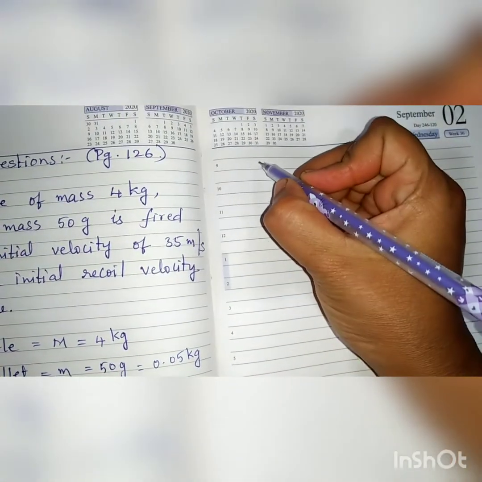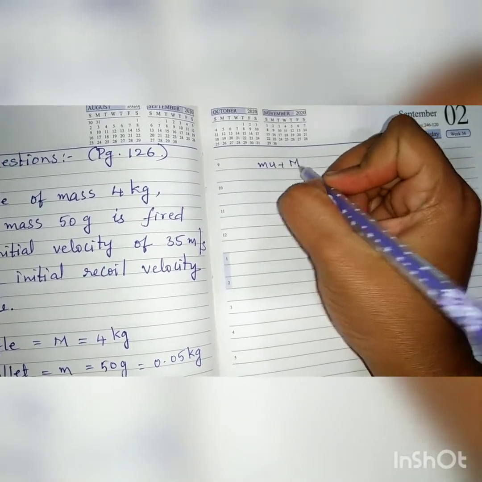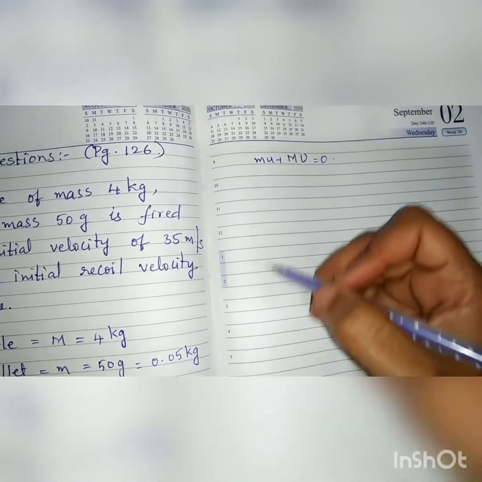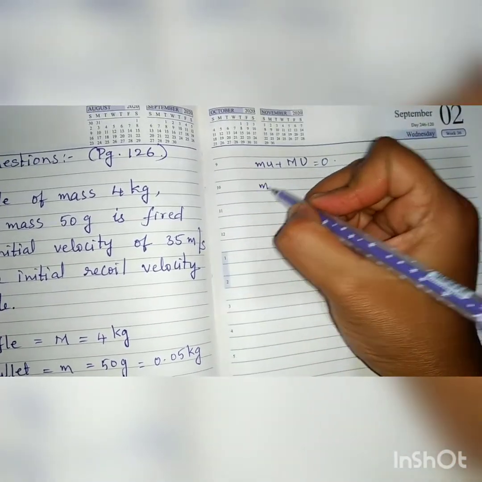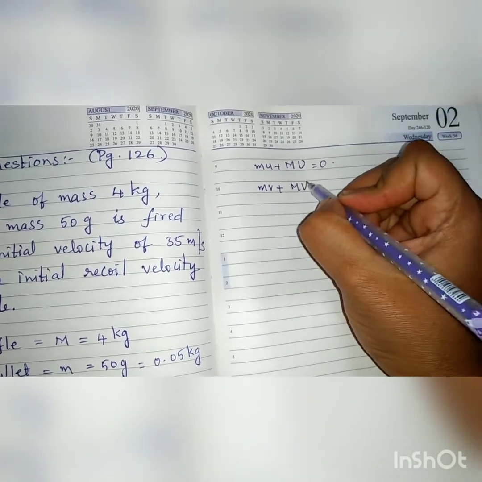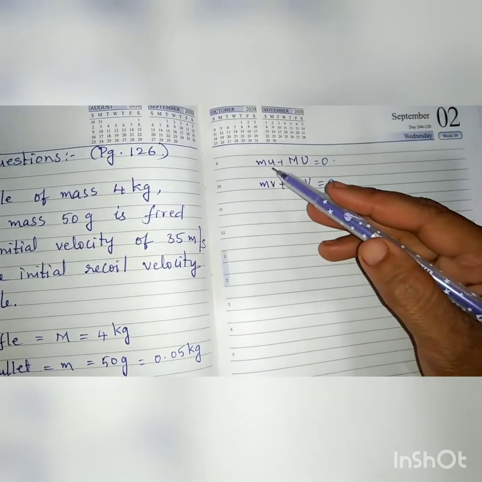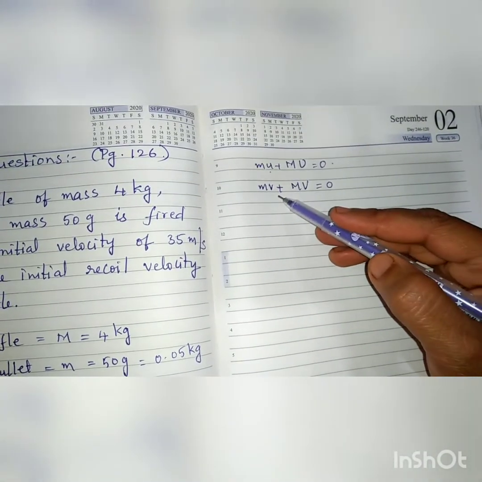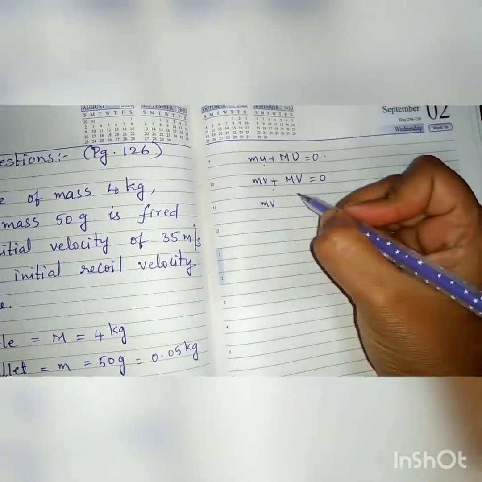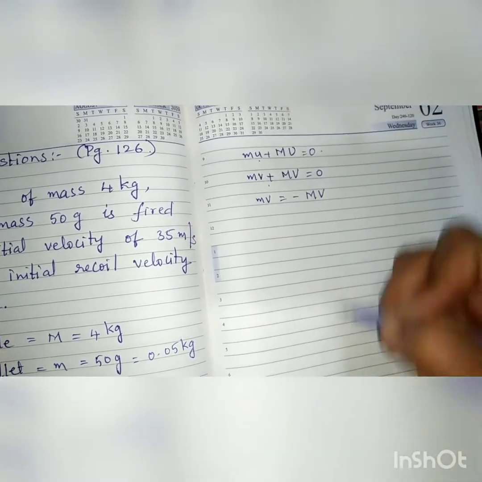As we have the U value and u value 0, mu plus capital M U is going to become 0. So we can write small m into small v plus capital M into capital V equal to 0, because initial momentum equals final momentum. Based on this, we can write small mv is equal to minus capital MV.